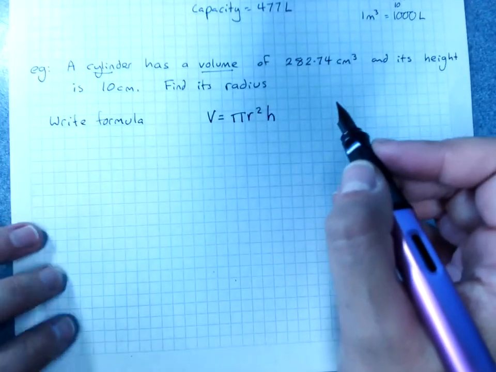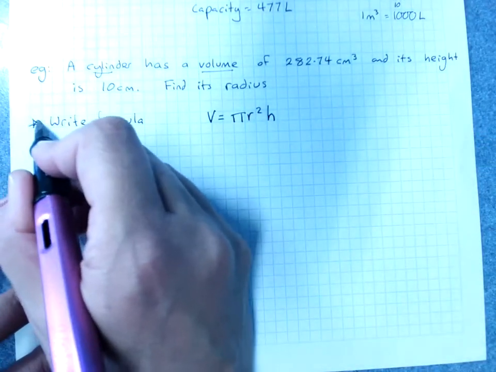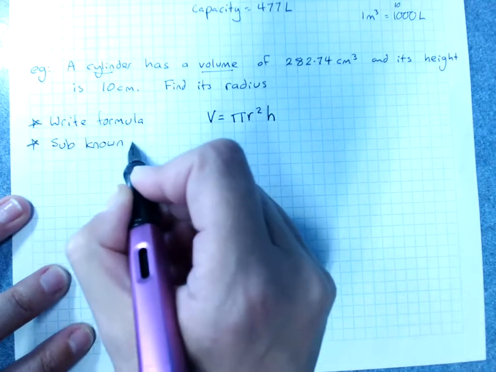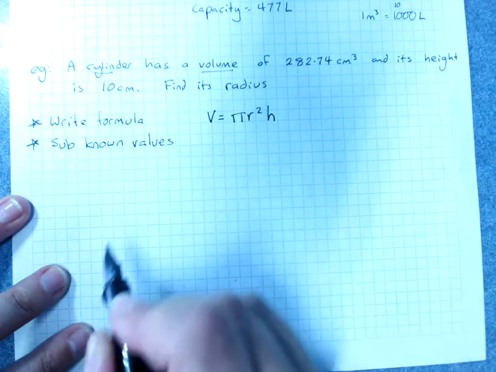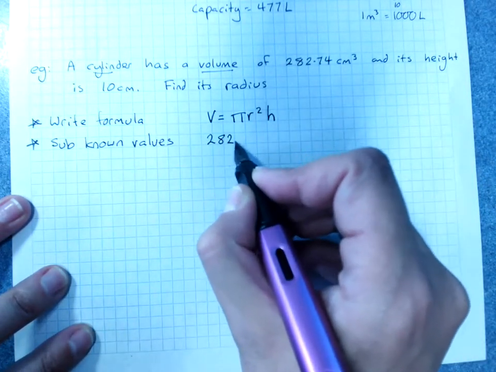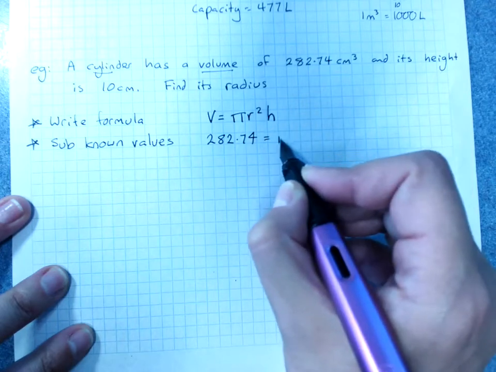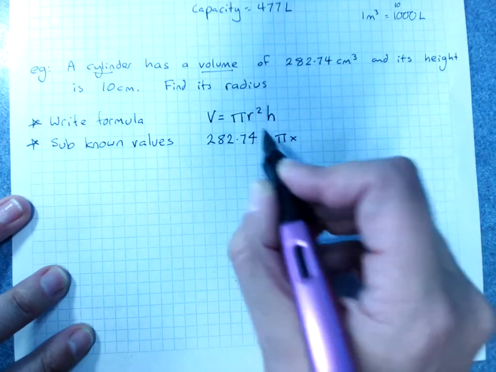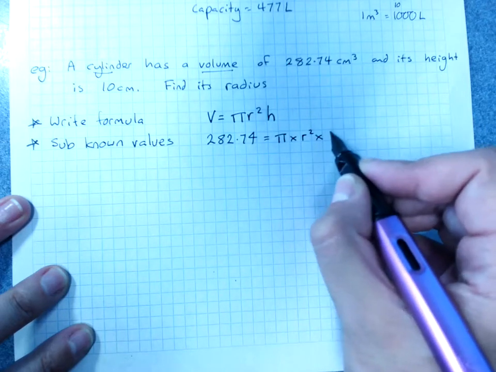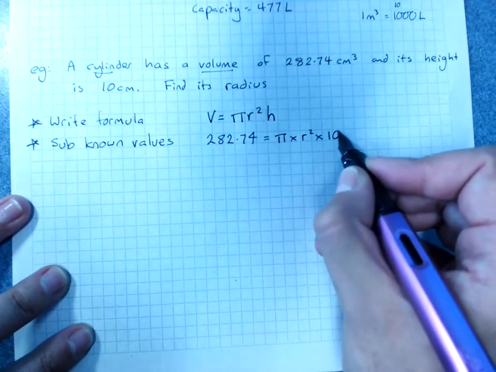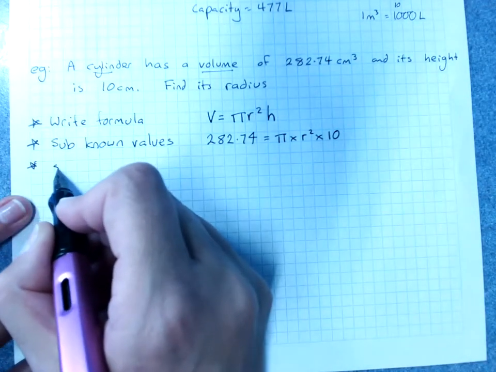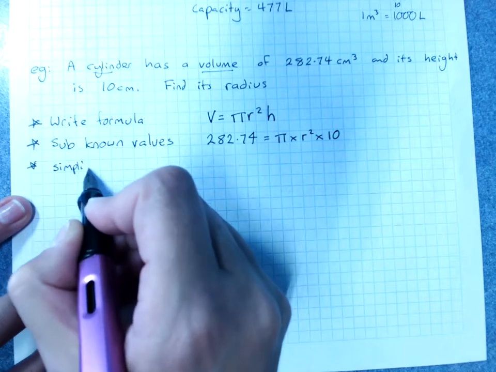Anytime you've got a problem with a formula, you substitute in the values you know. Okay, I've got my volume. That's pi times, I don't know the radius, I do know the height. You're going to have to simplify and solve.